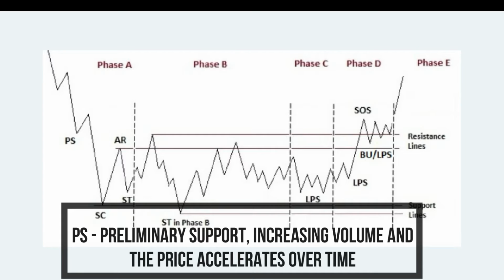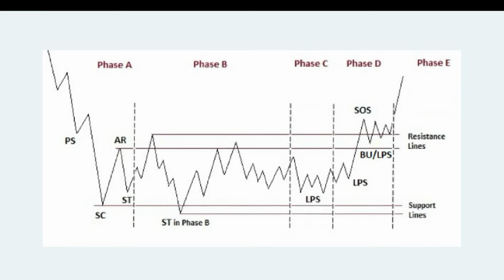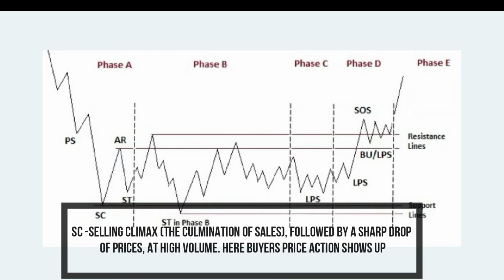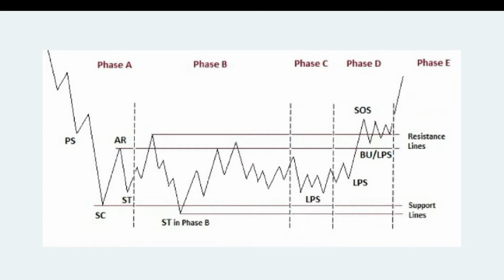It's the moment of really huge selling and even panic selling. Here is the selling climax, a decline in prices, at high volume. Here we have the automatic rally. So it's up, on low volume. Here is the secondary test.